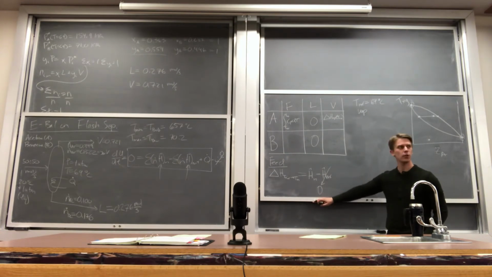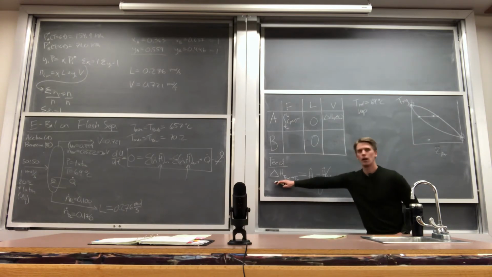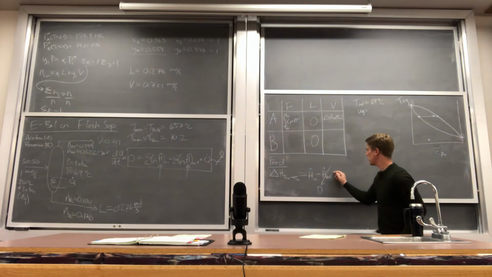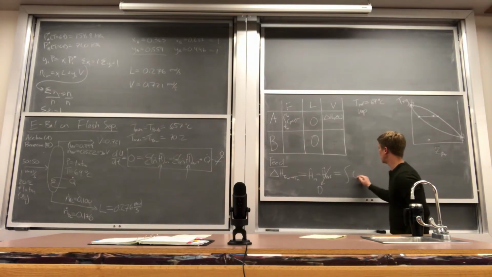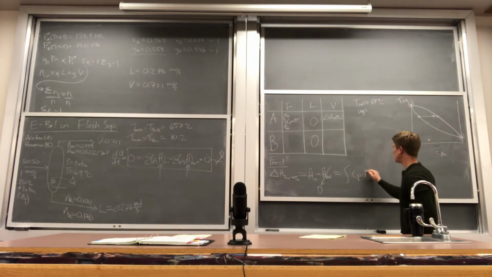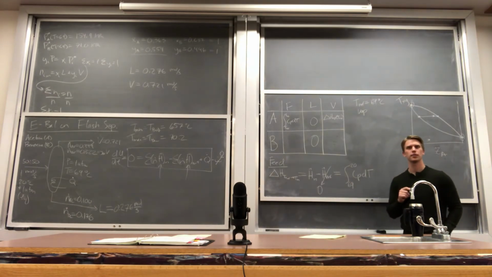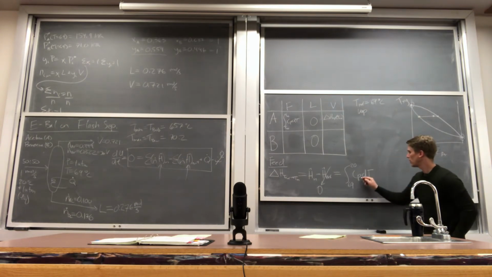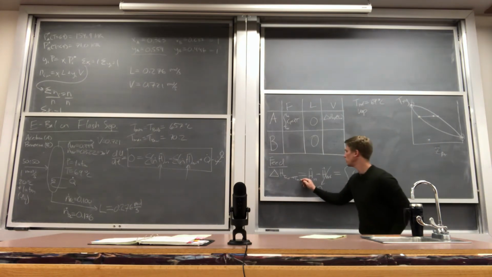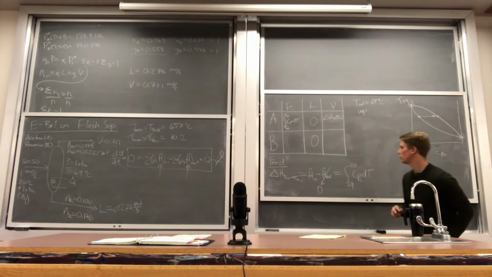Now, this is the key critical step in how we can take our equations that we know for delta H, in this case, the integral of C sub p dt, going from 69 to 20 degrees Celsius. And I can write a little i here so we can denote what species we're talking about, either acetone or benzene.